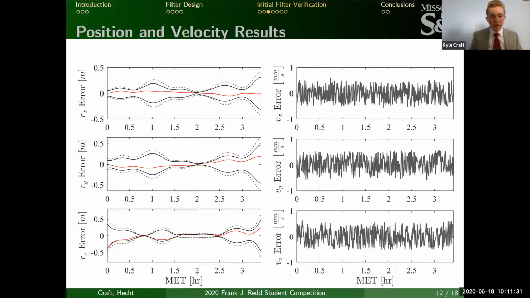So we'll see that the 2 lines are within centimeter and in most cases millimeter level accuracy of each other. So because of this, we can say that the filter is statistically consistent. And moreover, we can prove that our filter actually provides position realizations of centimeter level accuracy. The velocity is shown in the graphs to the right, and we'll see that we have millimeter per second level precision in all of our velocity channels.